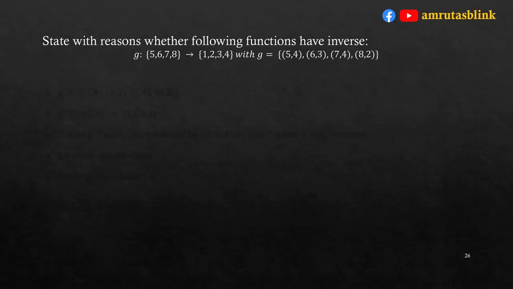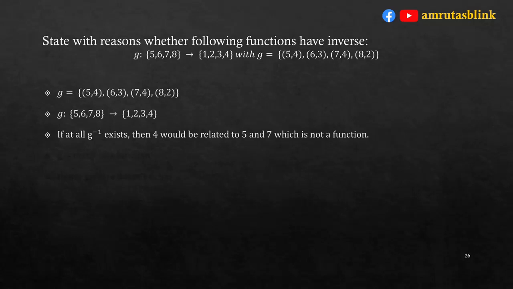Moving to the next problem. State with reasons whether the following functions have inverse. g is equal to {5, 6, 7, 8} related to {1, 2, 3, 4}, with g equal to {(5, 4), (6, 3), (7, 4), (8, 2)}. That is, domain of g is {5, 6, 7, 8} and range of g is {1, 2, 3, 4}.